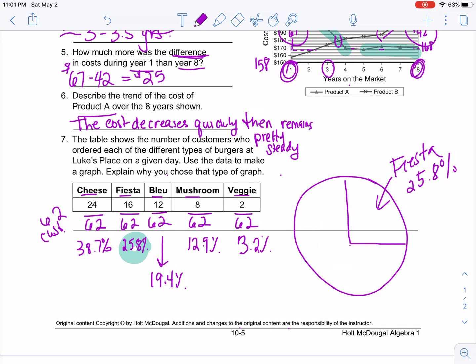But I'm going to cut it off here because this is going to be my veggie at 3.2, since I combined 38.7, 19.4%, and 12.9% to get about 75%. Okay? Well, if this is 25% and I need 38, I'm going to use this dotted line as about 25. Like I said, this is going to be my cheese.